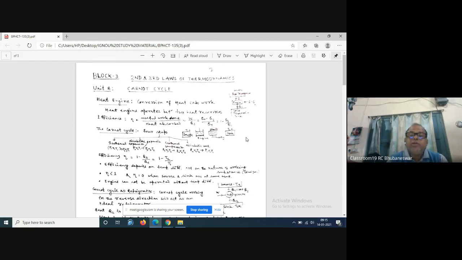We will later discuss whether the engine can draw the heat from the source and completely convert it into work. So a heat engine operates between two heat reservoirs. One is a hot reservoir, the other one is a cold reservoir.